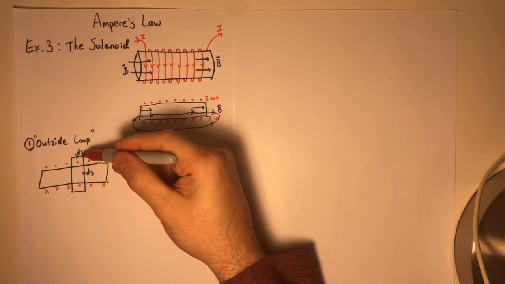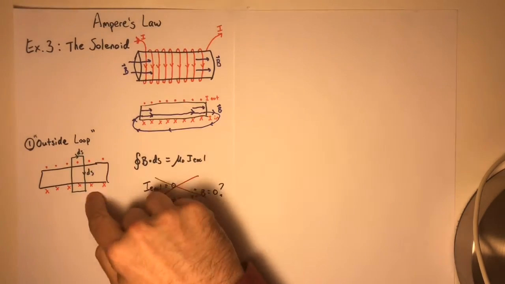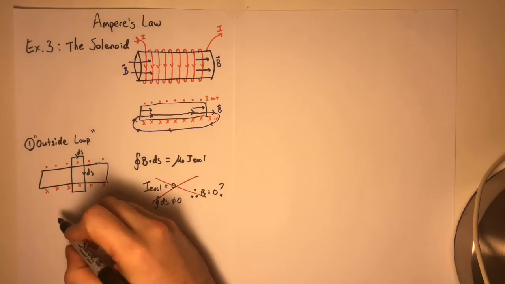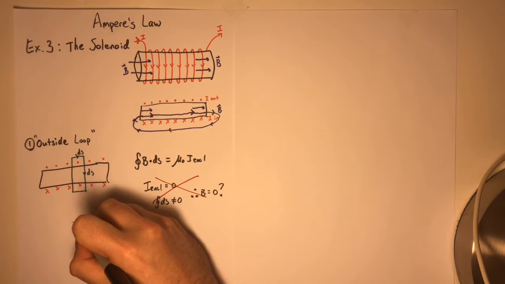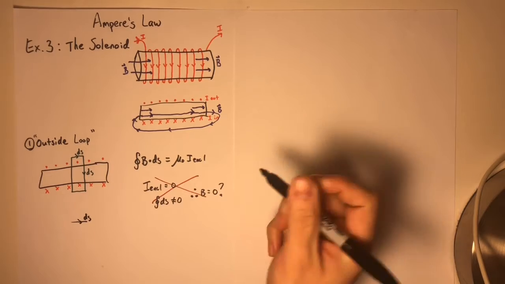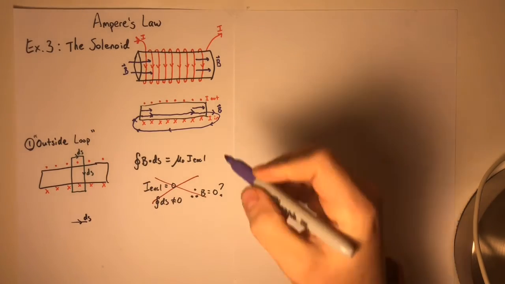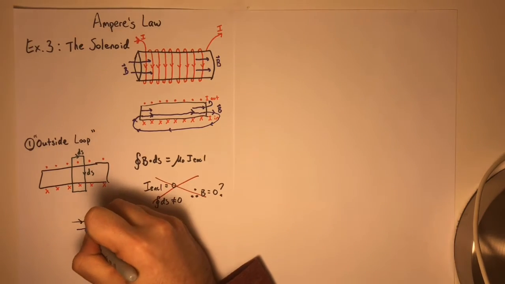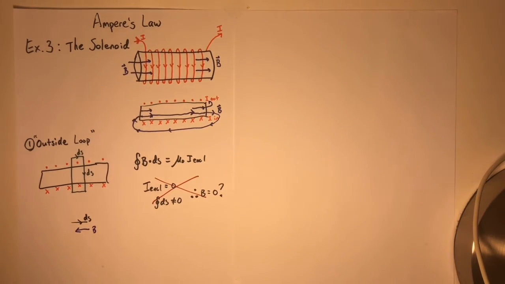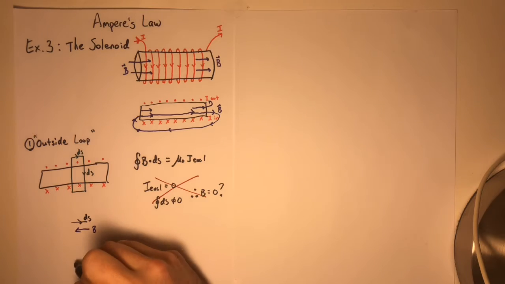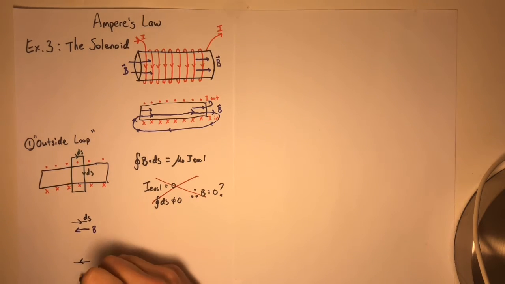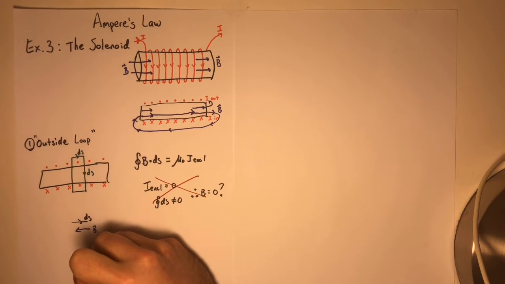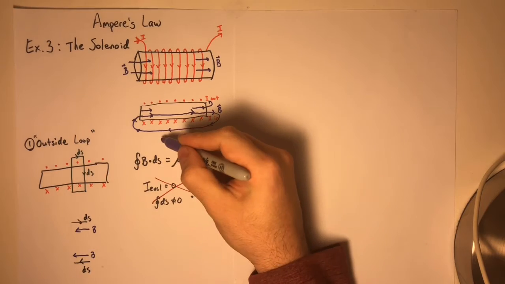What we can do instead is look at the top and bottom of the rectangle and see that for the top part of the rectangle, ds points in the rightward direction, whereas the magnetic field line points this way. On the other hand, for the bottom part of the rectangular loop, ds points to the left, and the magnetic field still points to the left.